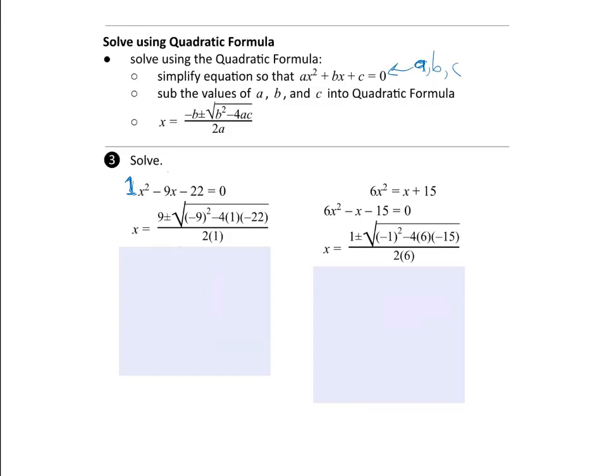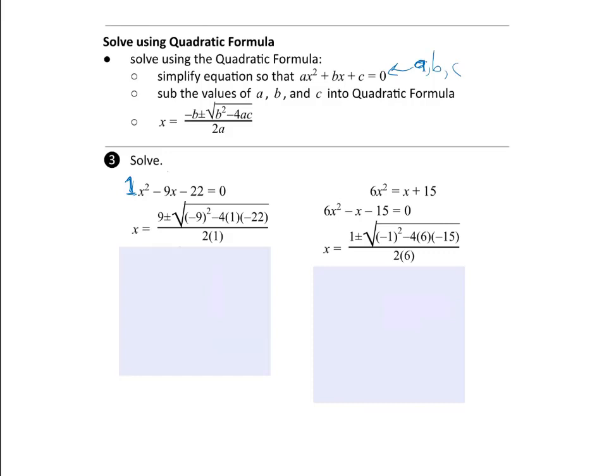You sub all those values into your formula. And you have x equals plus minus root negative 9 squared minus 4 times a, which is 1, times c, which is negative 22, all over 2a, which is 2 times 1.